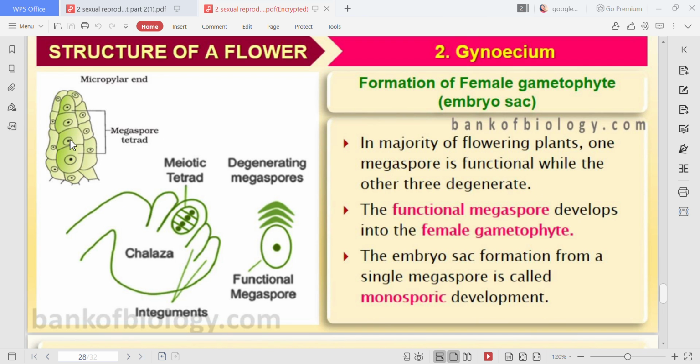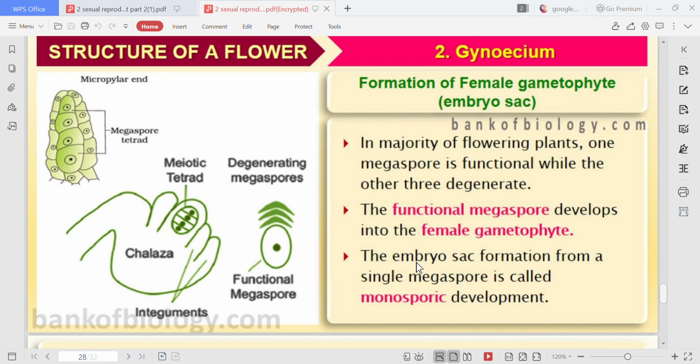So out of these 4 megaspores, only 1 will be functional and the other 3 will degenerate. This is the chalazal end, these are the integuments, this is the micropylar end, and the 4 tetrads have been formed.